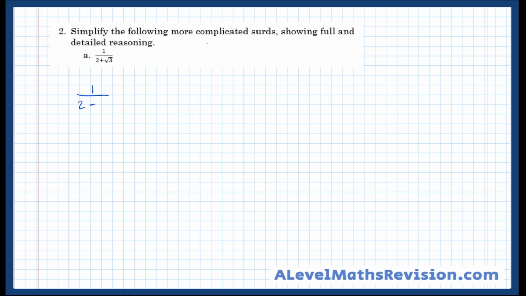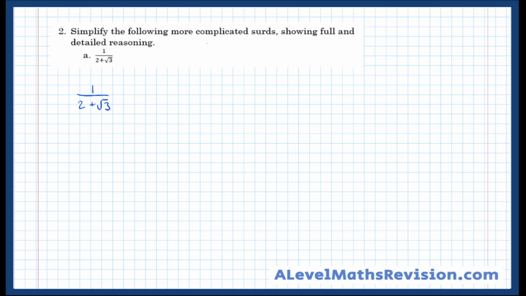So 1 over 2 plus root 3 times root 3 over root 3. I am doing the wrong thing here, I will stress. We end up with root 3 on the top, and then 2 root 3 plus 3 on the bottom. That clearly doesn't help, because the bottom is still irrational. It still contains a surd.